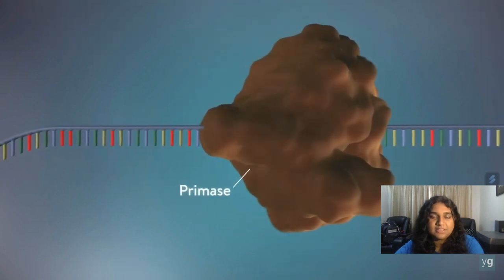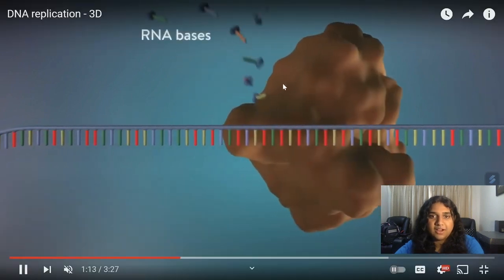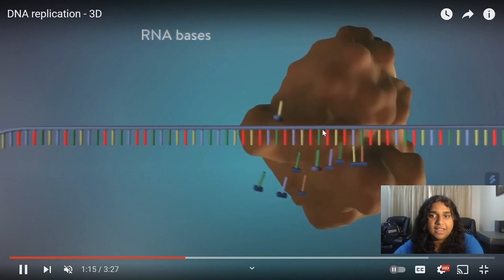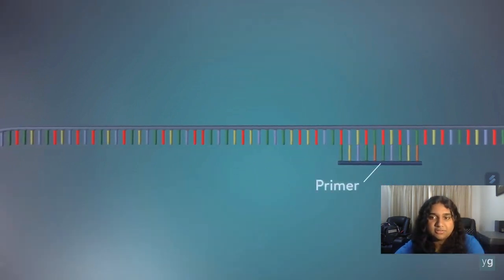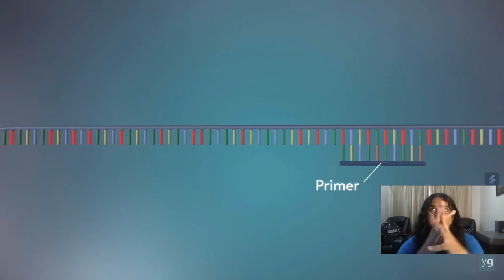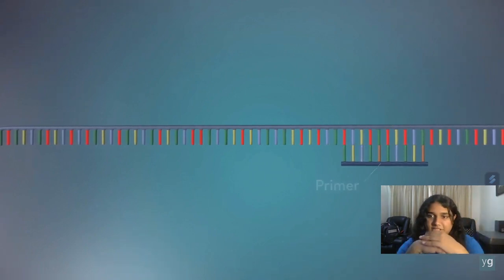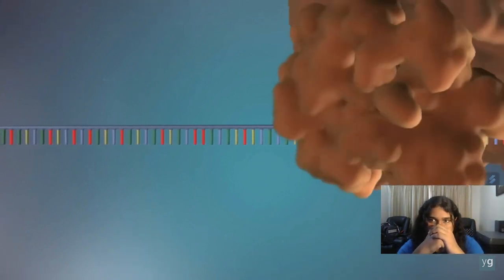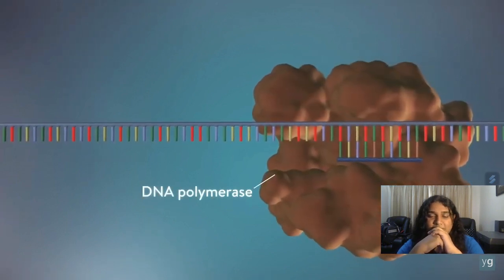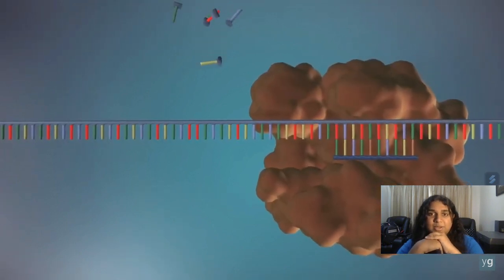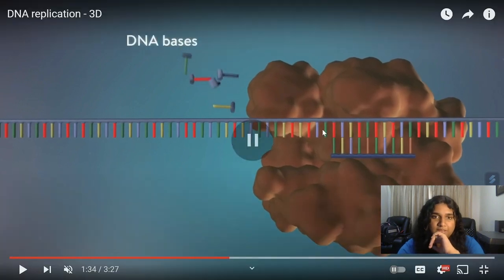Then we have primase. Primase forms RNA primers that help the copied strand latch on to the template strand. DNA polymerase will then come in and start to copy the template strand by attaching nucleotide bases.